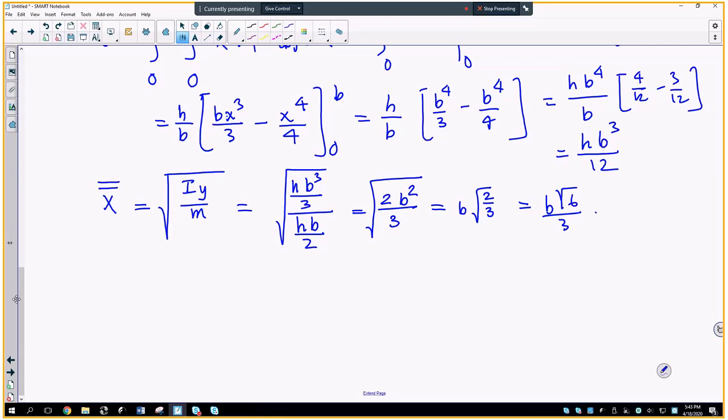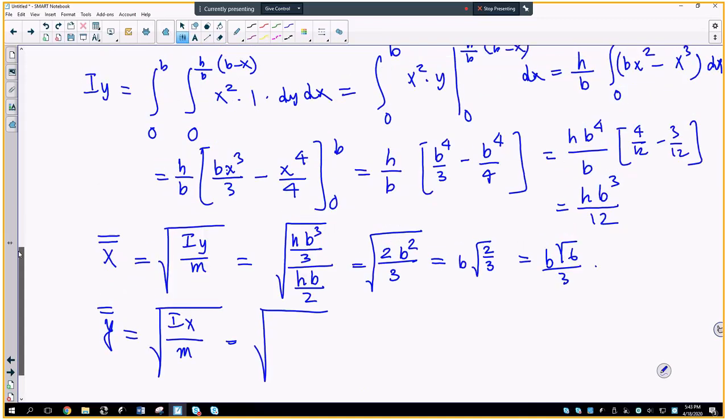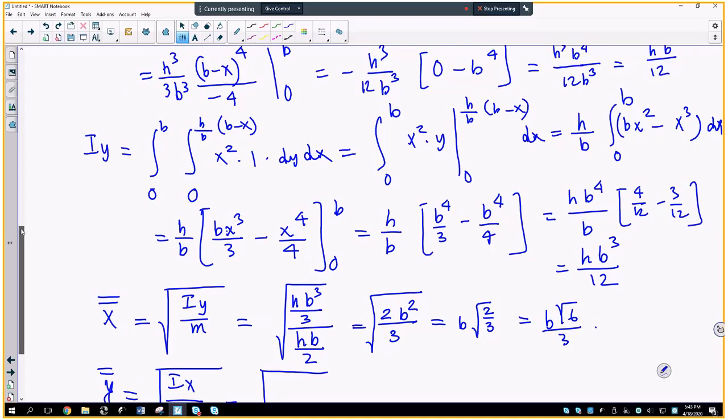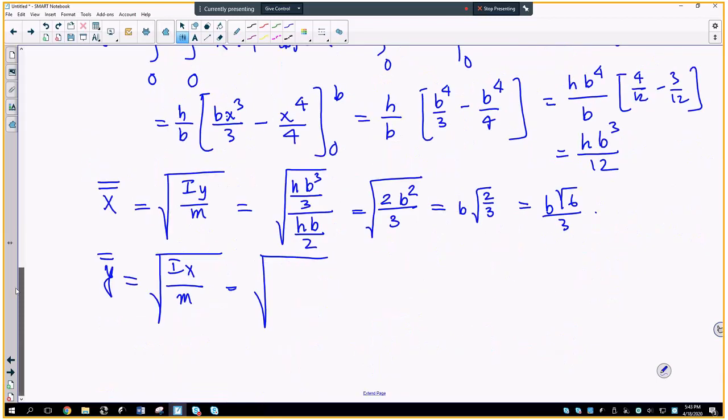Let's find y double bar. So that's going to be the square root of Ix over m, which is the square root of, well, Ix was h cubed b over 12. That's your Ix, h cubed b over 12, all over the mass hb over 2.